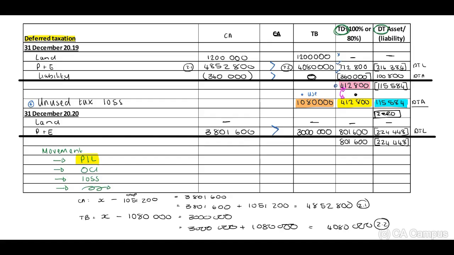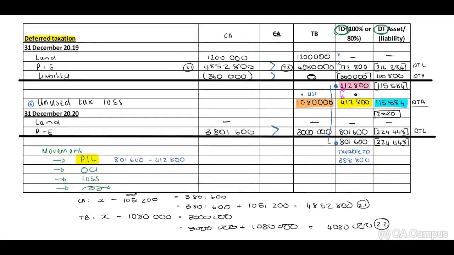Therefore, we need to look at the 412,800, and this now increases to an amount of 801,600. Do you see? The 412,800 increases to 801,600. Therefore, 801,600 minus the 412,800, and we have an amount of 388,800.